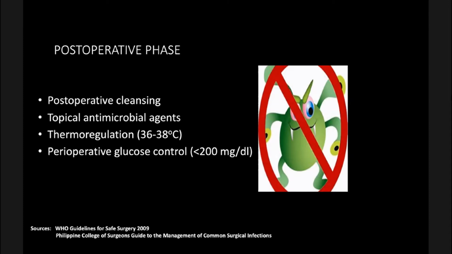And of course, we cannot overemphasize the fact that you have to control your glucose levels to less than 200 milligrams per dL. That's a common question in surgical exams and in the board exam. The level of glucose that's recommended perioperatively: less than 200 milligrams per dL.